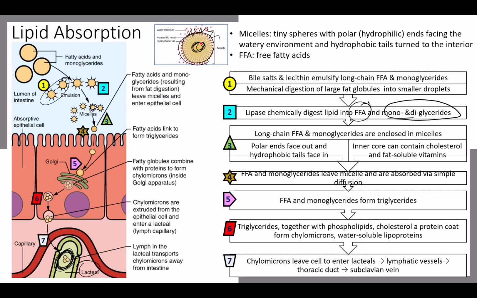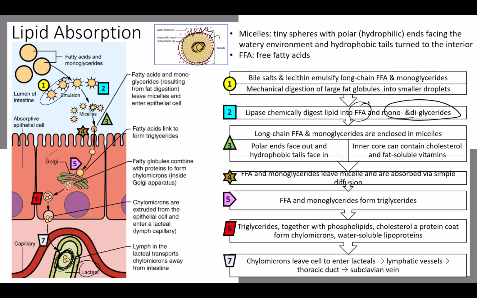And so it helps to transport the free fatty acids in this way. The micelles then go in close to the brush border, where the fats basically leave the micelles and diffuse directly through the plasma membrane to enter the epithelial cell of the small intestine.